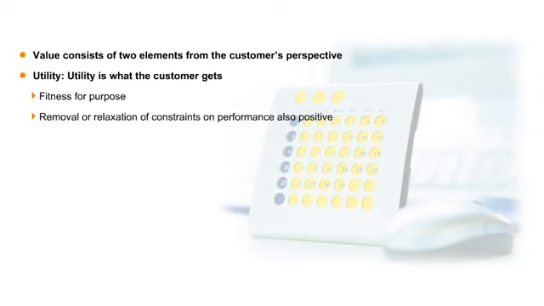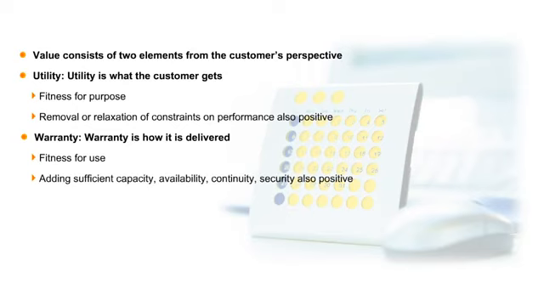Removal or relaxation of constraints on performance is also perceived as a positive effect. Warranty is derived from the positive effect being available when needed, in sufficient capacity or magnitude, and dependably in terms of continuity and security. Utility is what the customer gets, and warranty is how it is delivered.